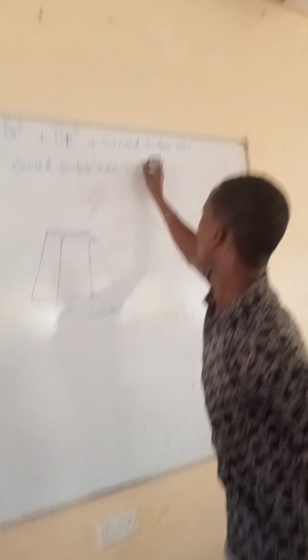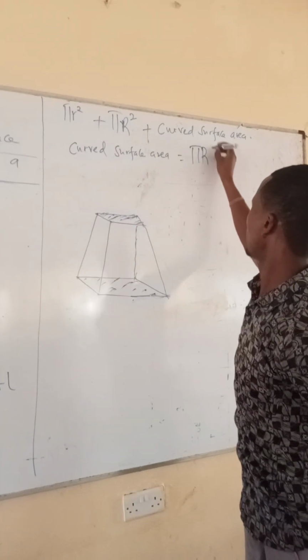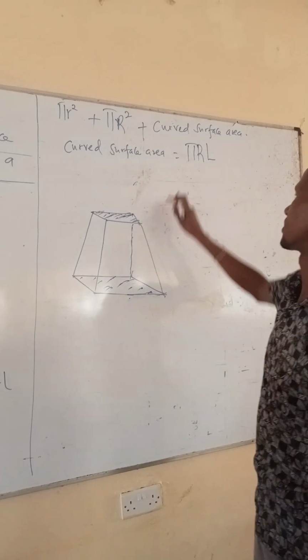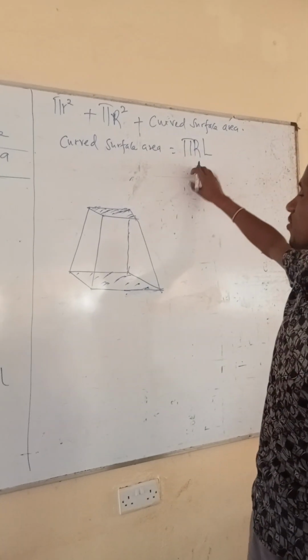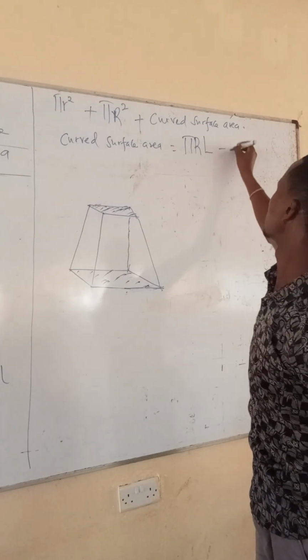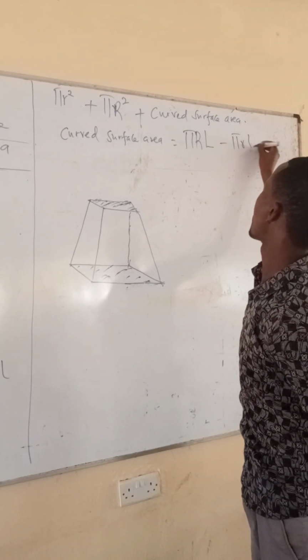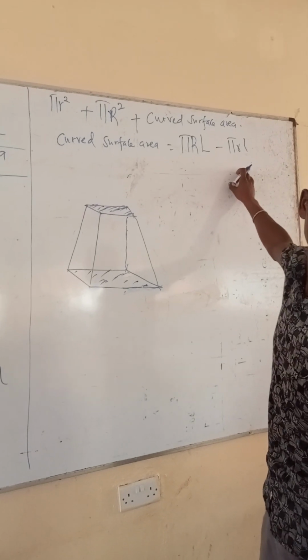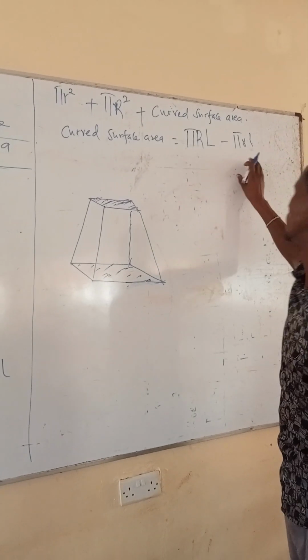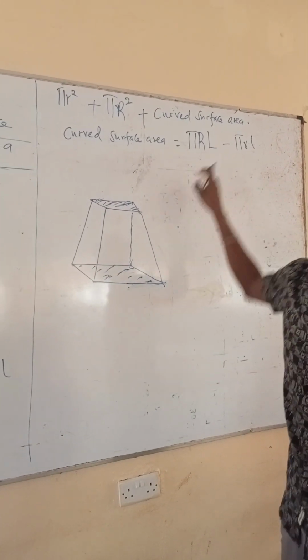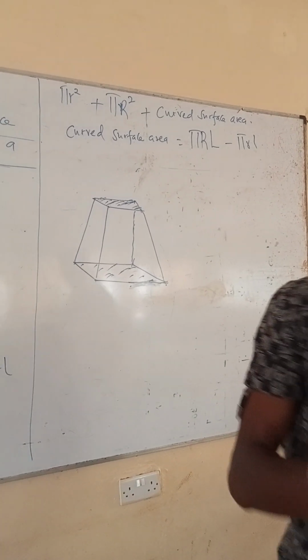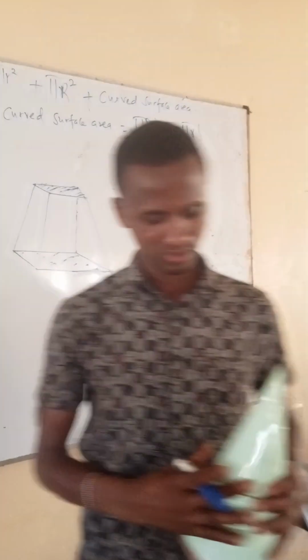Therefore, this is pi RL, which is the curved surface area of the original cone, minus pi rl, which is the curved surface area of the removed cone. Remember, this L here represents the slanting edges, as we said before.